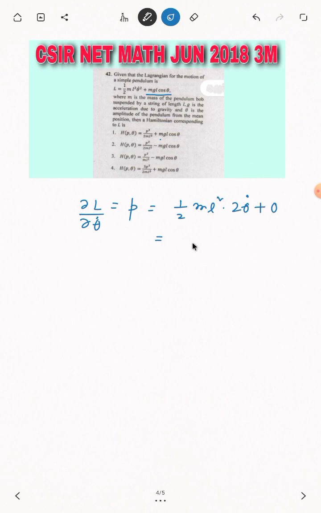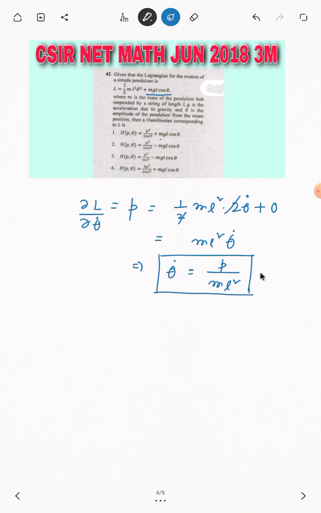So this will be obviously ml square theta dot, the 2 being cancelled. Now what will be theta dot? Theta dot will be p by ml square. Now the question arises why should we make this change? We should make it because in the Hamiltonian we should have p instead of theta dot. So we should replace theta dot by p using this result.